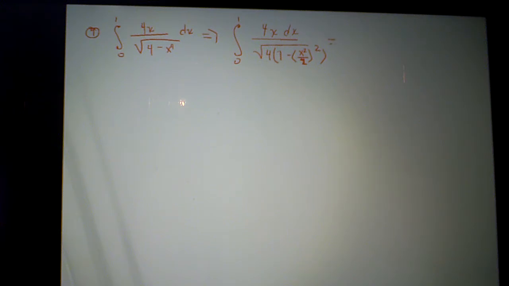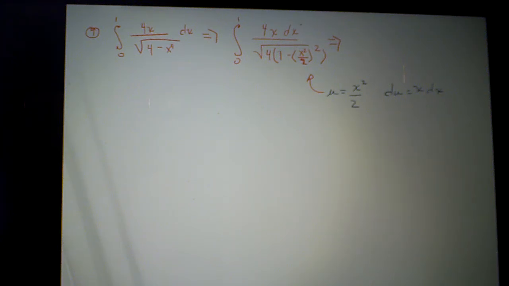So, if now I think to myself, self, that's u, meaning du is 2x over 2, but the 2's will go away, so I just have x dx.